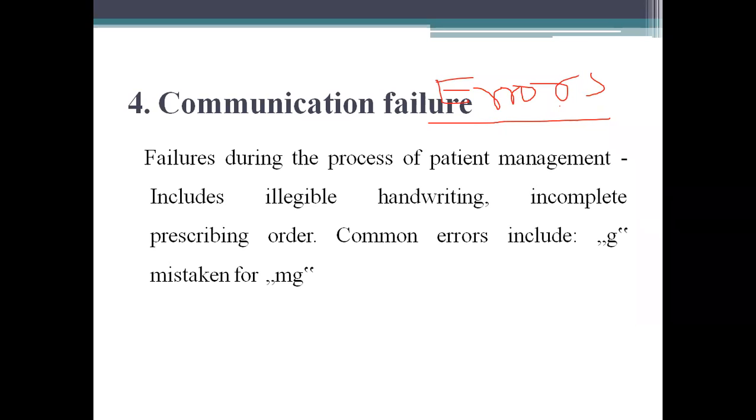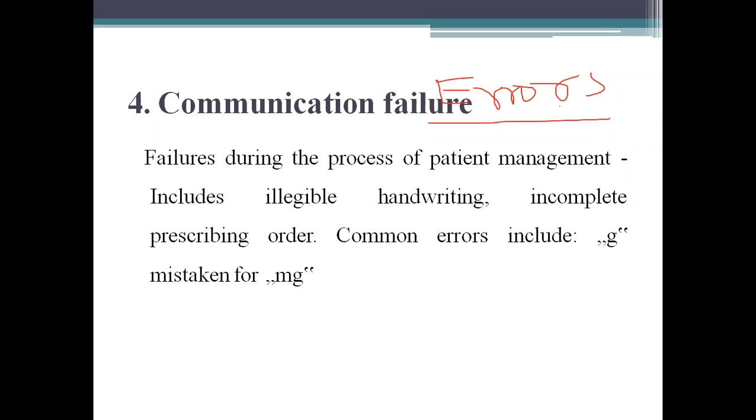G फॉर ग्राम आणि mg फॉर मिलीग्राम. सो दिस इज द कम्युनिकेशन एरर. इलिजिबल म्हणजे नॉट एबल टू रीड such type of handwriting of the prescription by the doctors. तुम्ही आतापर्यंत असे भरपूर प्रिस्क्रिप्शन पाहिले असते, वाचूच शकत नाही आपण डॉक्टरनं काय लिहिलंय ते. अंडरस्टँड? So that communication failure, communication errors should be avoided in the abbreviation, in the errors in the prescriptions.